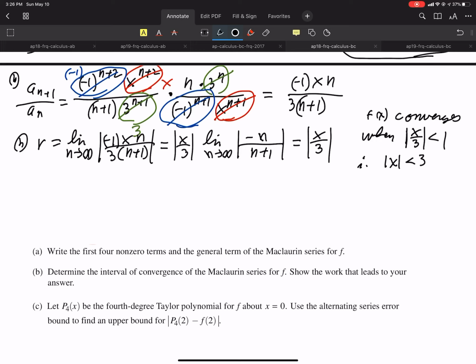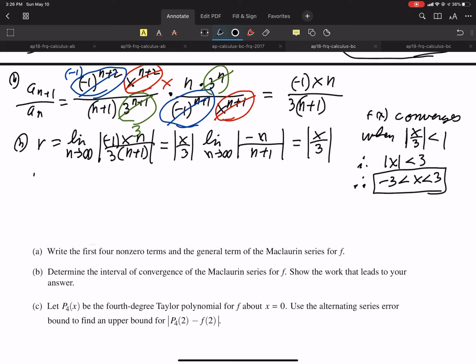And if I rewrite this, therefore, we get that. So we know it converges on that interval. But we have to find out what happens at the endpoints, because at the endpoints, the r is going to equal 1.